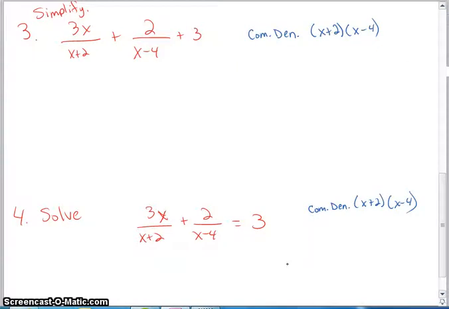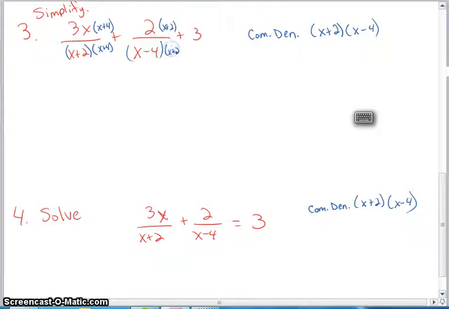In number 3, I need to multiply by x plus 4 to get a common denominator, to keep it the same. The second fraction I need to multiply by x plus 2. The third fraction I need to multiply by both, x plus 4 and x plus 2.